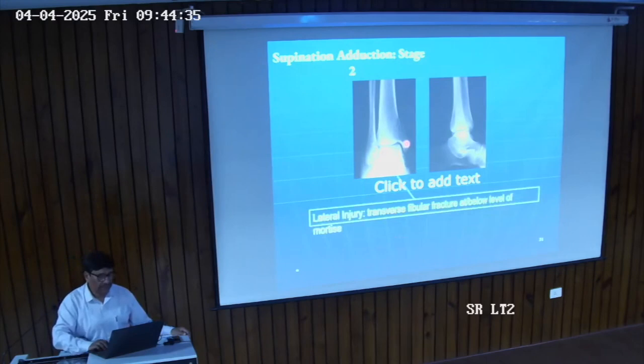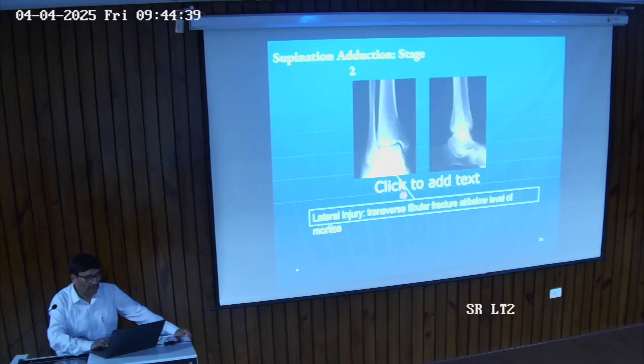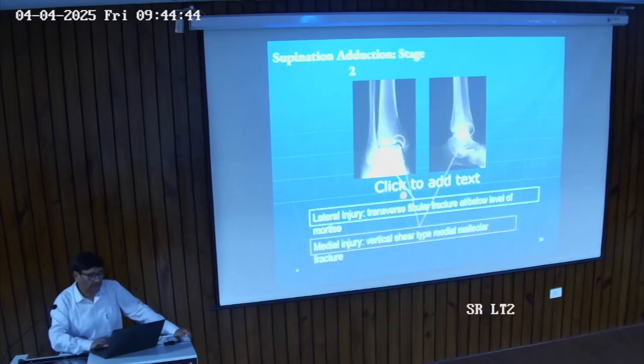So there is lateral injury, transverse fibular fracture at or below the level of the mortise, and here you see the fracture of the medial malleolus, which is vertical shear type.